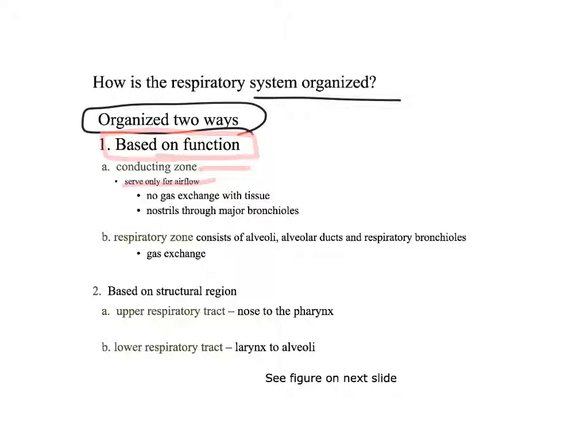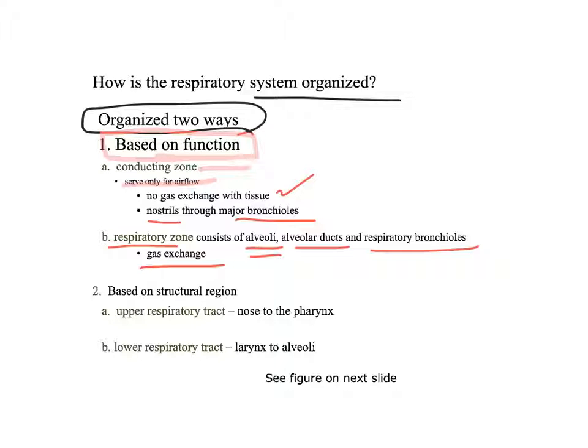Okay, in the conducting zone, no gas exchange is taking place. Okay, so it's just getting air into where gas exchange can take place. Okay, so the conducting zone is considered from your nose down into your bronchioles. Okay, now the respiratory zone is where gas exchange takes place. So that'll be the smaller features, so the alveoli, the alveolar ducts, and the respiratory bronchioles. And I'm going to show you in a picture on the next slide.